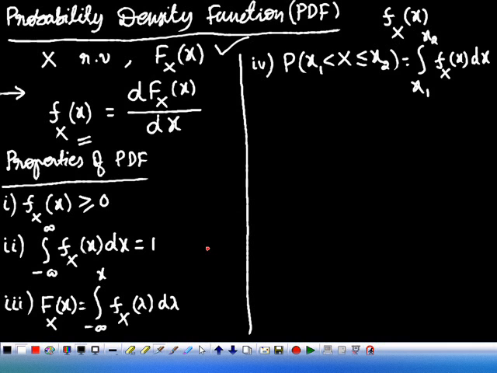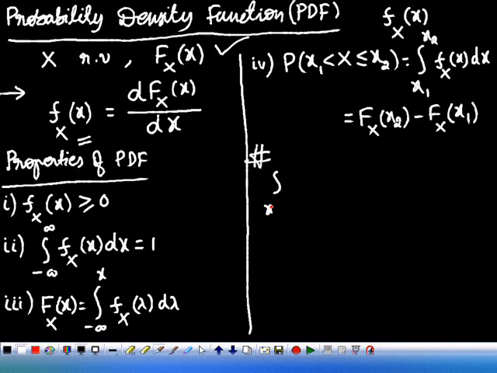So here we can write this as the integral x1 to x2 of fX(x) dx. We already know that this is equivalent to FX(x2) minus FX(x1). Is it clear?